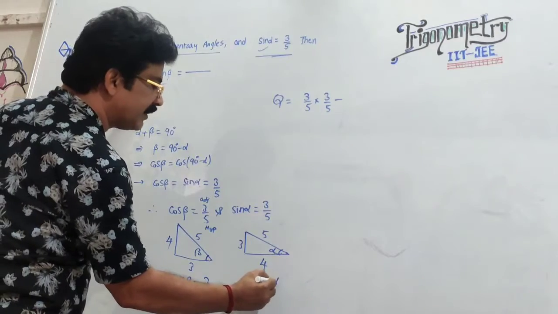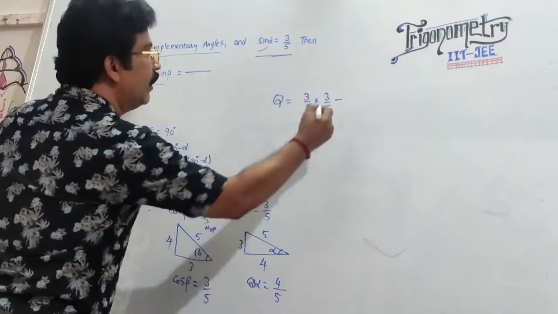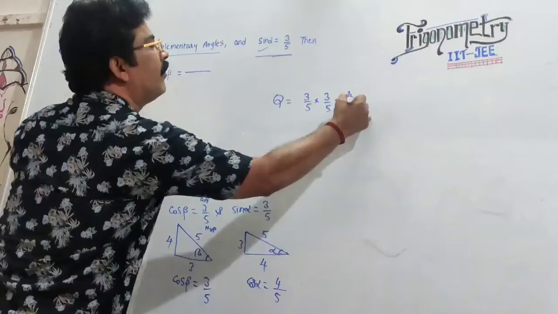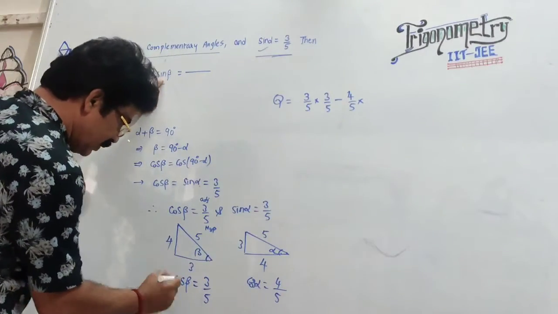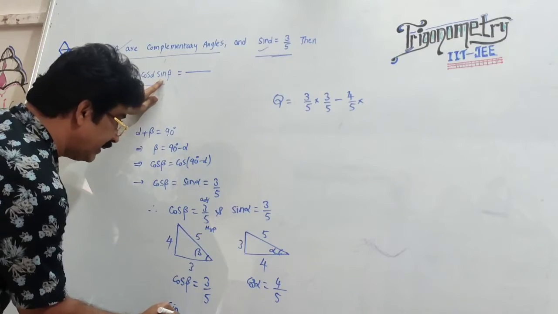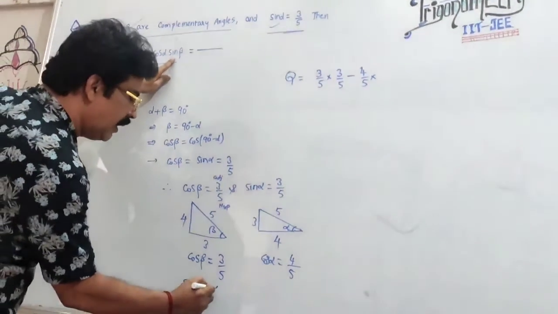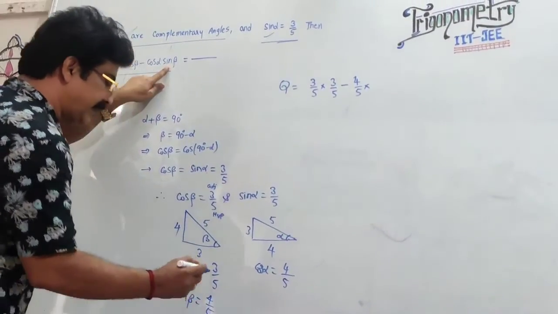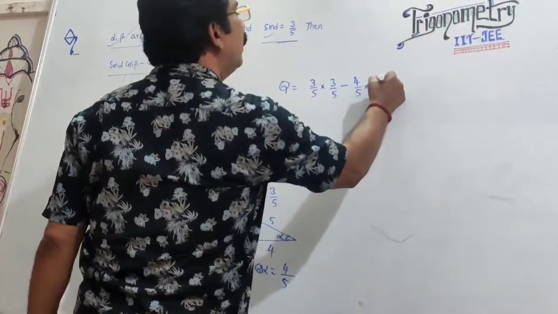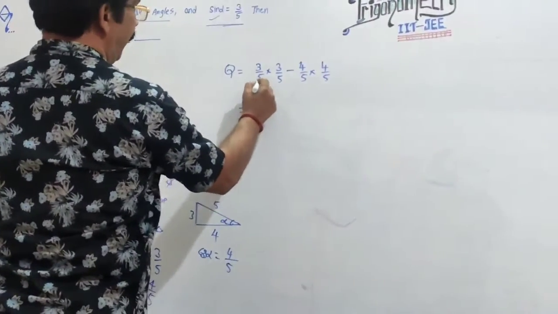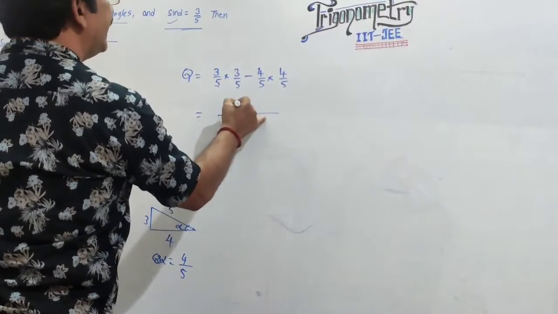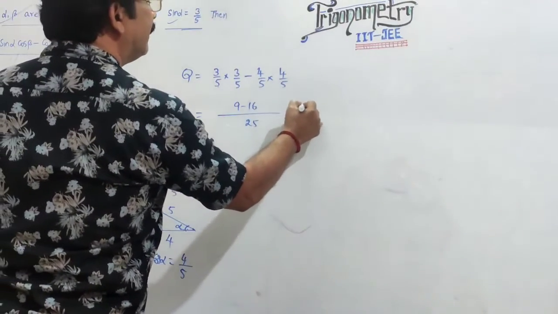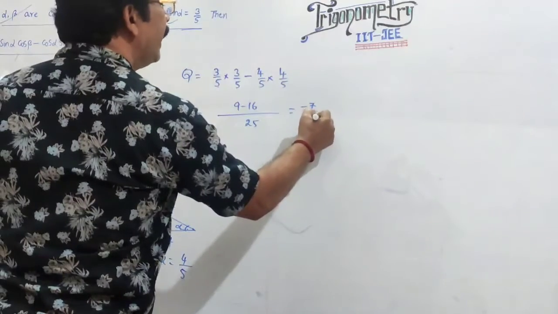Cos alpha is adjacent by hypotenuse, 4 by 5, into next sin beta. Sin beta is what? Here you come here. Sin beta is equal to opposite by hypotenuse, 4 by 5. So it is also 4 by 5. Therefore, 25 is the LCM. Next, 3 into 3 is 9, minus 16. That is equal to minus 7 by 25.